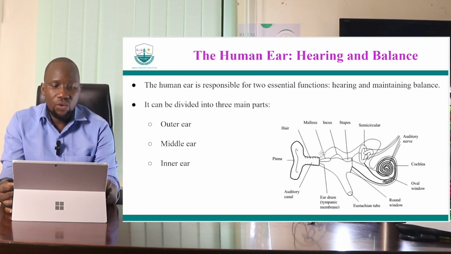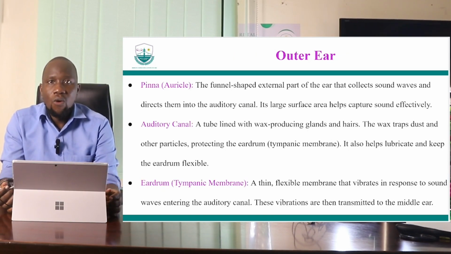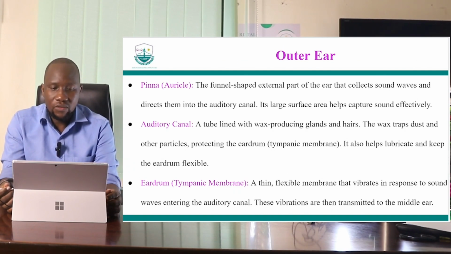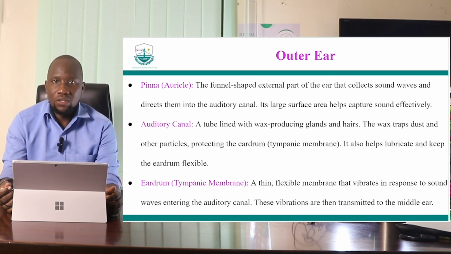So those are the parts of the outer ear, okay, three things: the pinna, the auditory canal, and then the eardrum. So let's look at their functions.